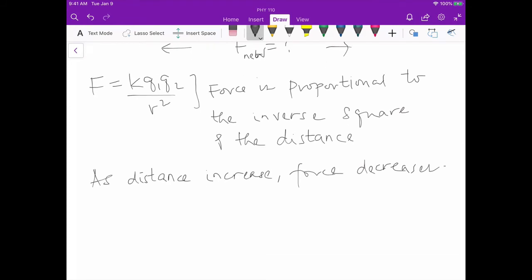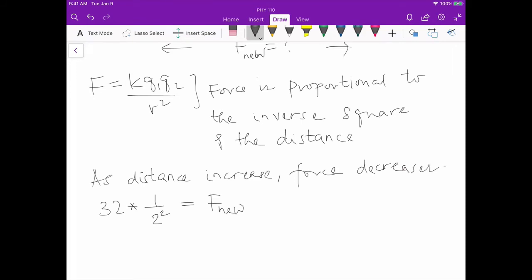That means from 32, it's going to decrease. Decrease means you divide, not by the distance, but by the square. If the distance is doubled, you need to square the doubling and then invert it to get the new force. That is what the new force is.